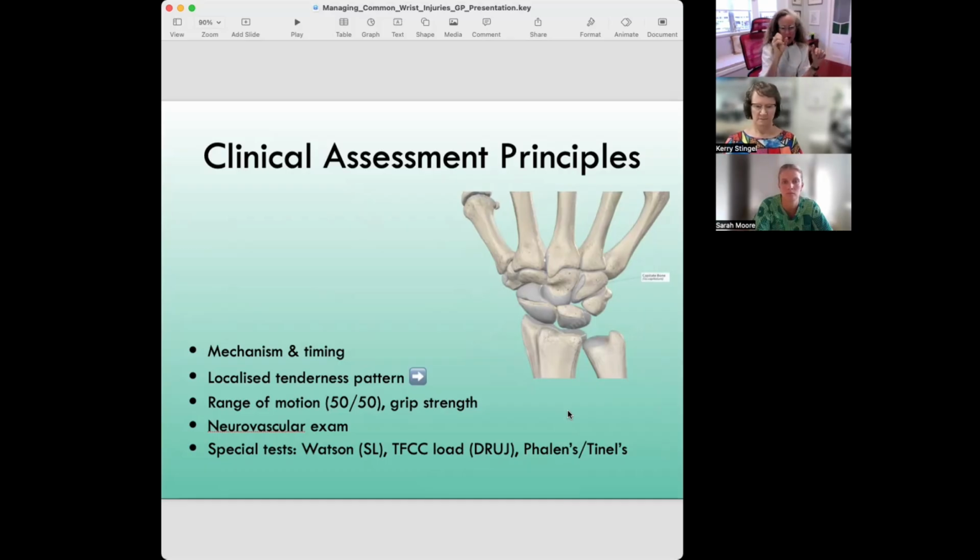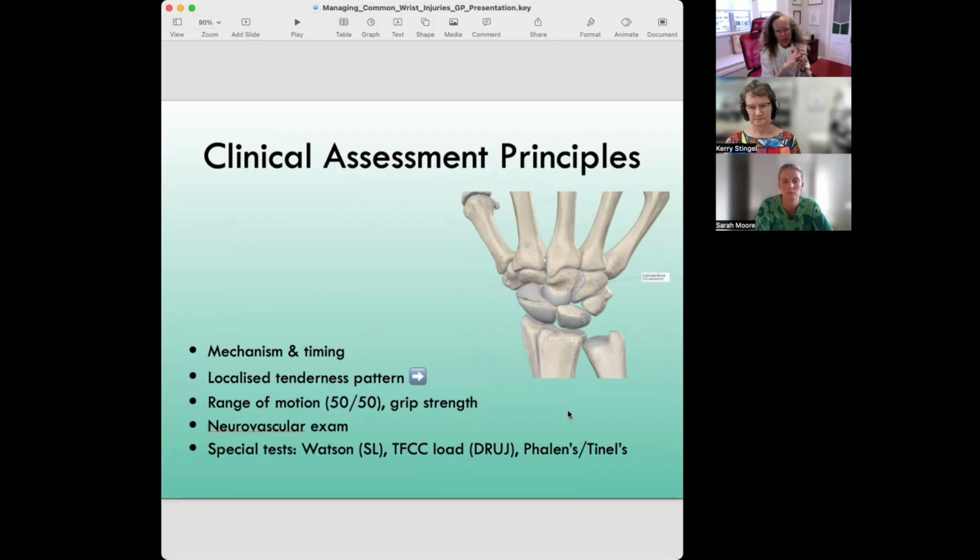If they won't grip because they've got wrist pain, then you need to reassess, because sometimes that's a ligament problem. And then also for GPs, we certainly need to see a neurovascular examination. And if you're starting to get suspicious about certain fingers, then sometimes it's worth checking certain digits. Obviously, if there's a laceration, neurovascular examination is super important, but it's part of all your musculoskeletals.